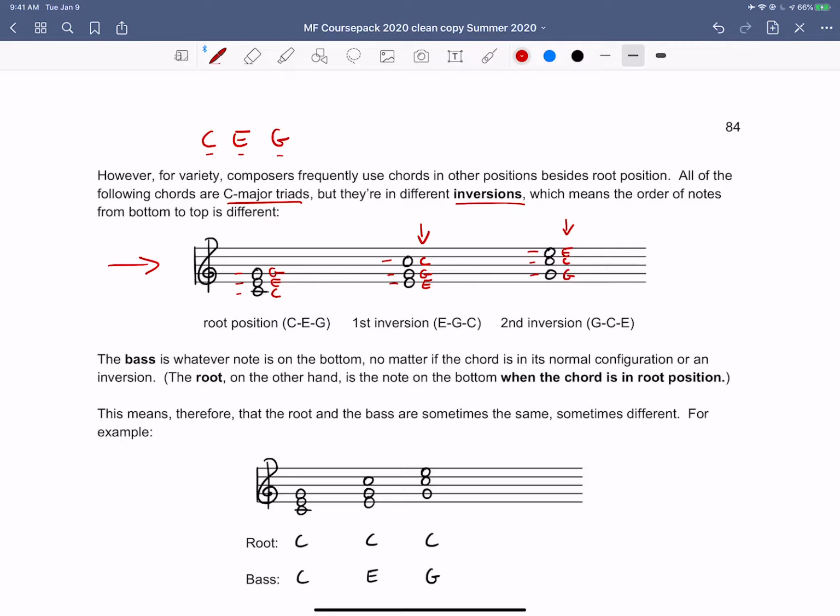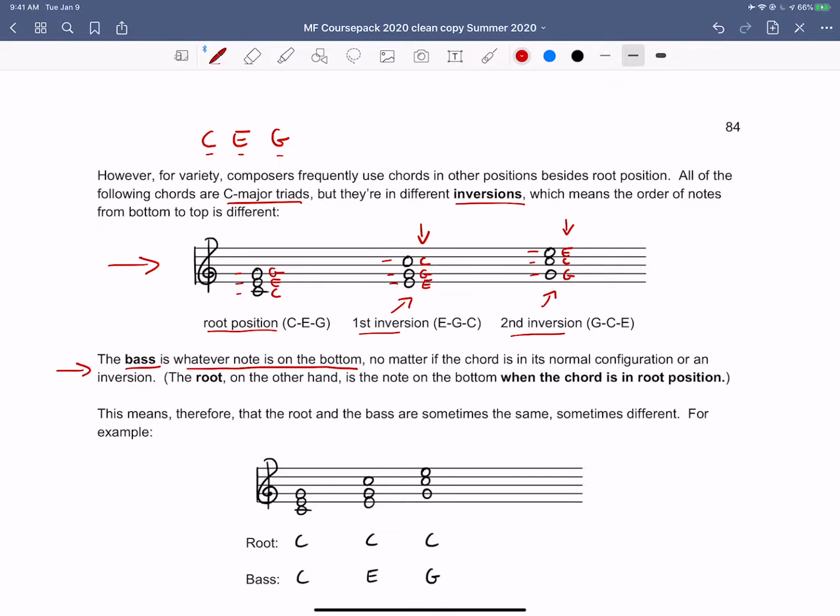Now, the fancy way to describe these chords is that, yes, this one is in root position. This next one is called first inversion, and this last one is called second inversion. Now, let's go over this concept of root versus base, which is the focus for this section. So here's a definition. The base of a chord, and this will make, I think, intuitive sense to you, is whatever note is on the bottom, no matter if you're in root position or one of these inversions.